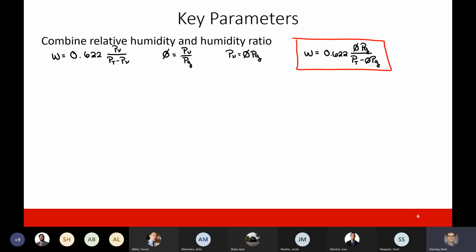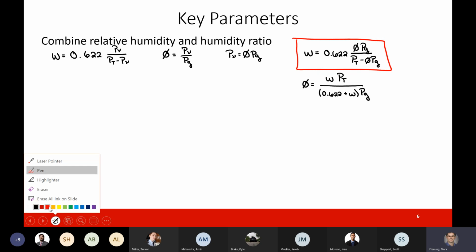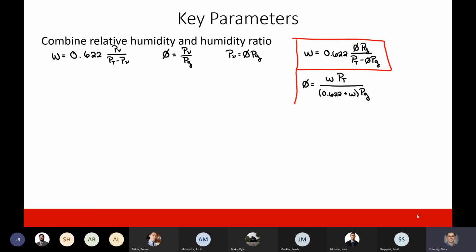To do that, we have to do a bunch of algebra, but the result of the reverse calculation is that we can calculate the relative humidity if we know the humidity ratio: multiply by the total pressure, and then divide by 0.622 plus the humidity ratio times P sub G. These are the two ways to relate one of the known parameters to the other.